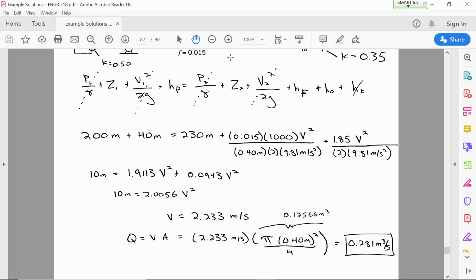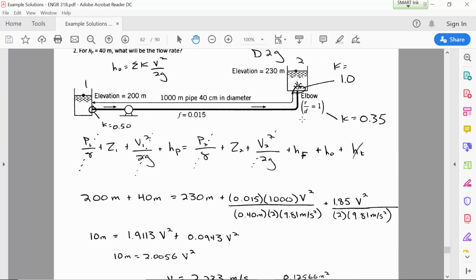Okay, so that's from start to finish the application of the energy equation, kind of trying to remember it, understanding why certain terms are on the left versus on the right, and then implementing it to find out what would be the flow rate if the driving force is this pump that's lifting the water and overcoming friction losses and local losses.